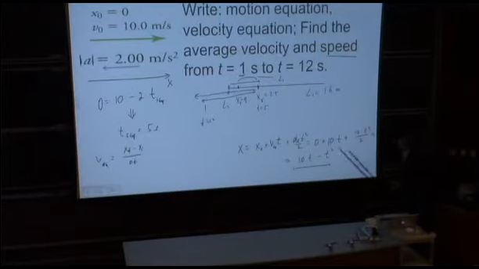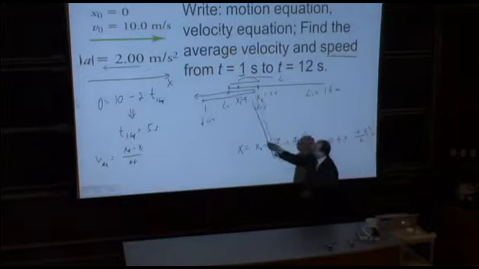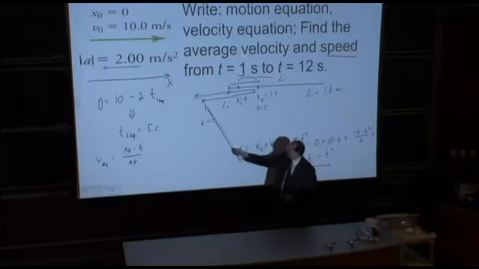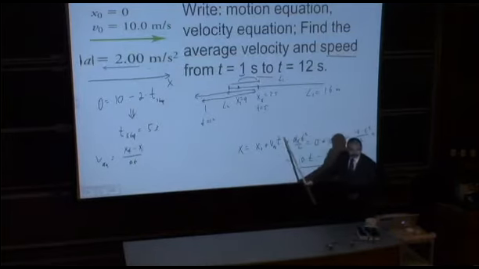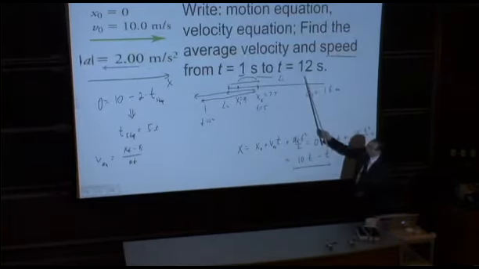And now it travels from here to here. How do we find that final position? Again, we can use the motion equation. We know that the final instant is t equals 12.